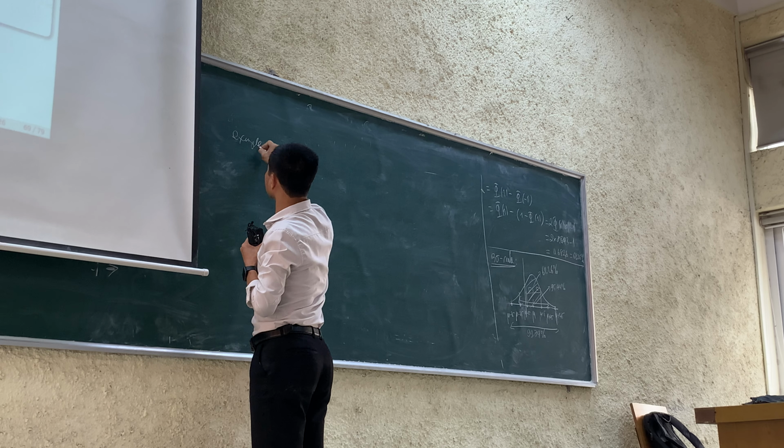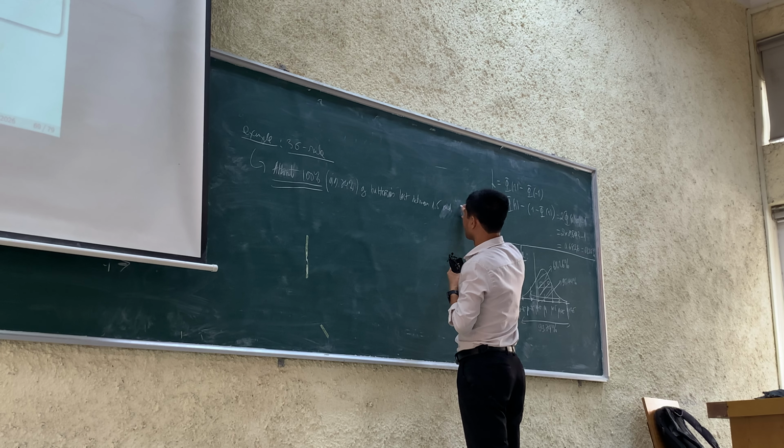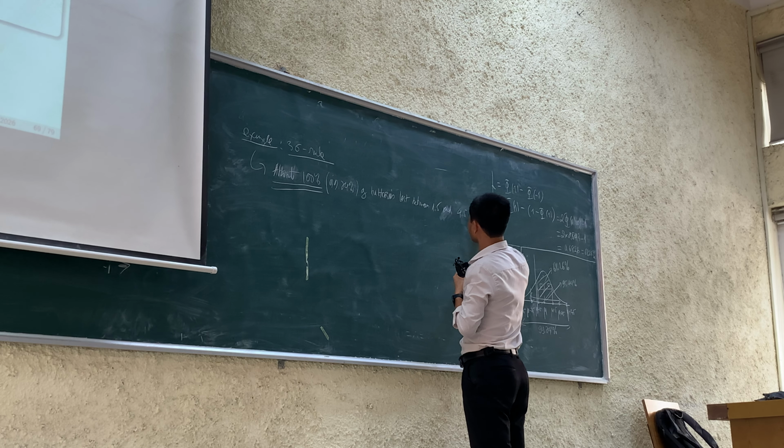Exactly 99.74% of batteries last between how many? Mu minus 3 sigma, so 3 minus 3 times 1.5 is 1.5, and 4.5.